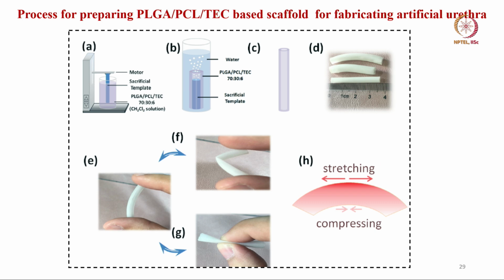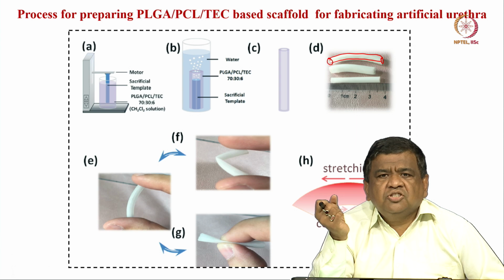Then you get this kind of structure, a tubular structure, and this tube-like structure you can compress, you can squeeze, you can stretch. The moment you remove the forces, the structure goes back to its original shape and size.